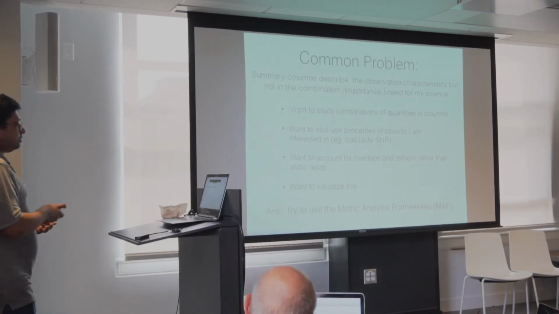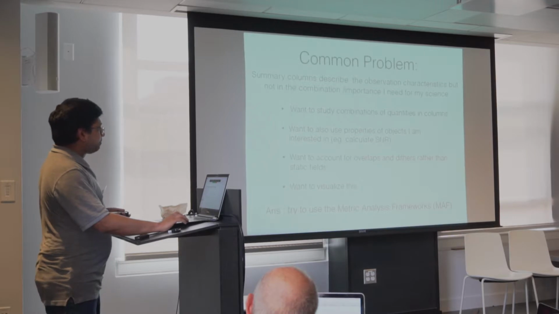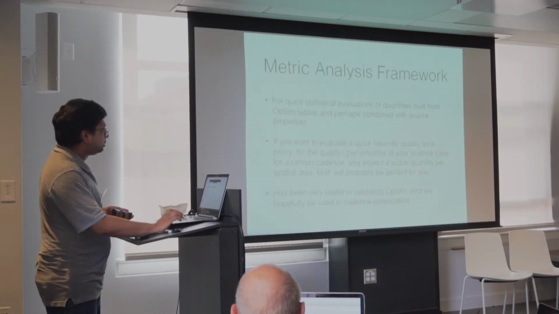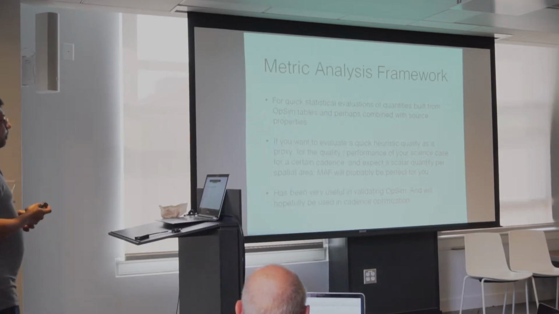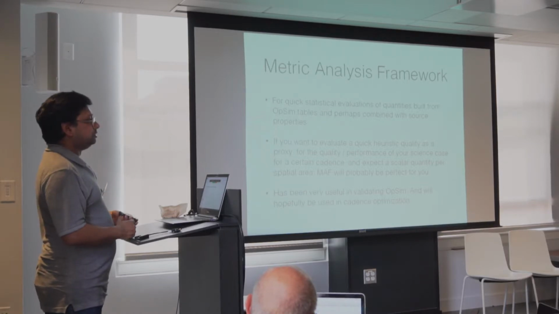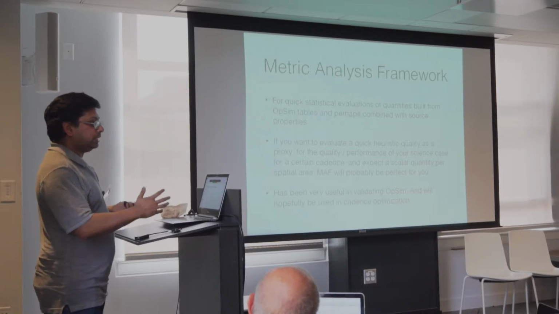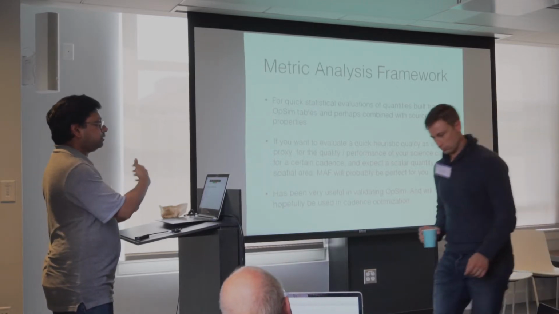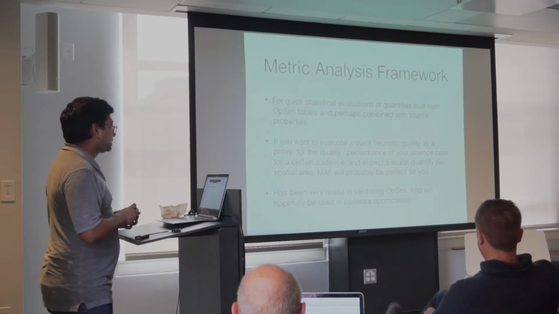So the answer to this kind of problem is to use MAF, which is one of the things that Tony was pointing out. It's great for quick statistical evaluations, and if you want to define a heuristic quantity that will talk about how well a particular cadence performs for your science.